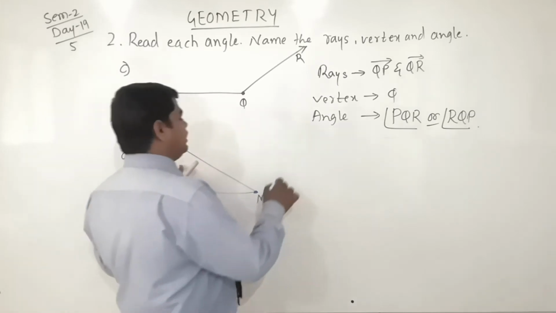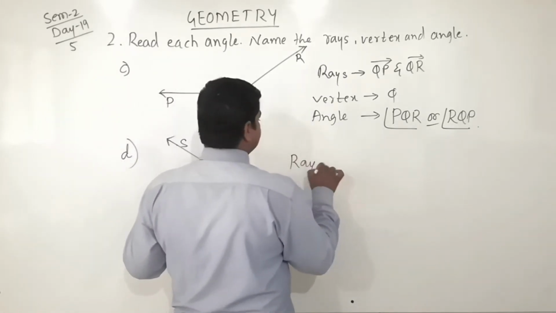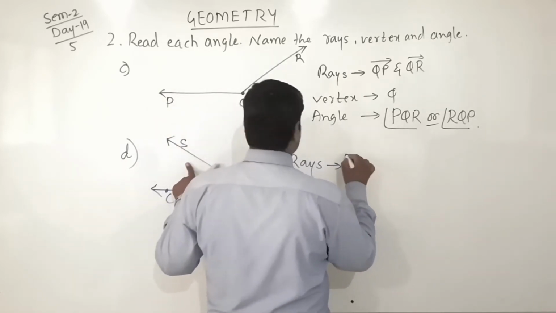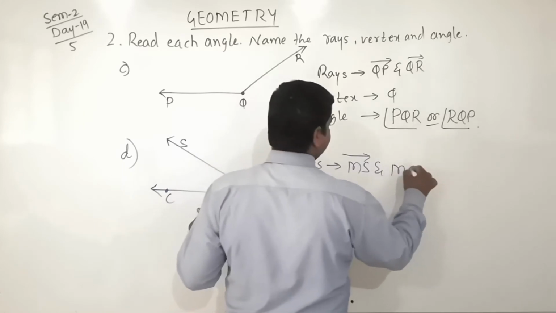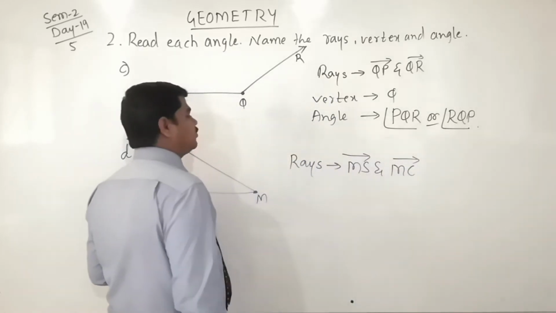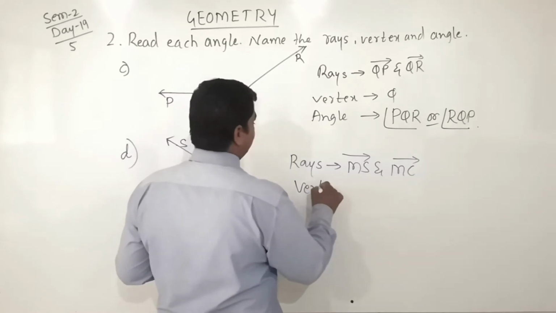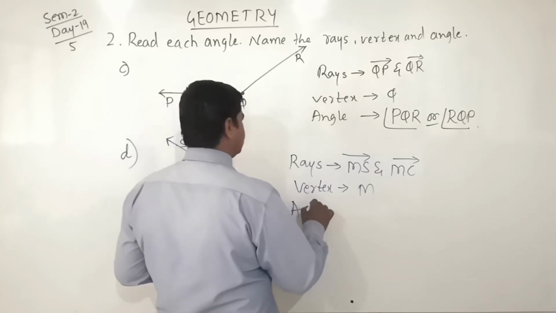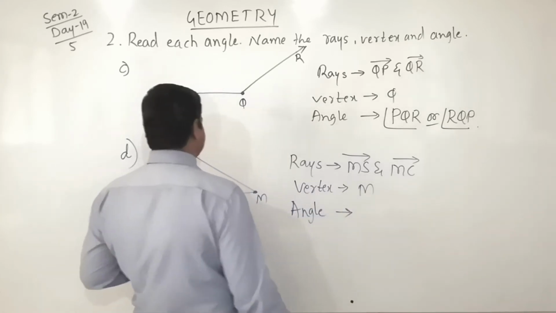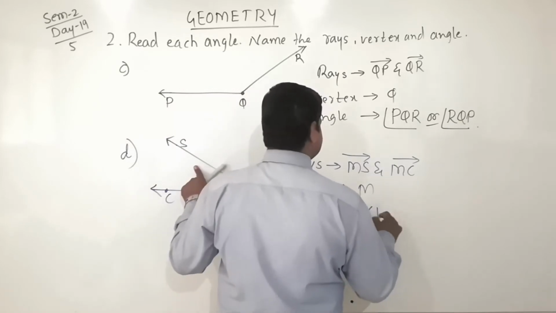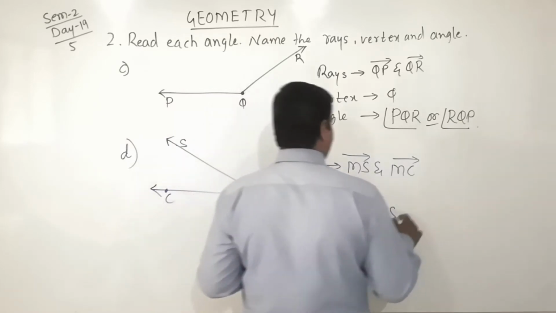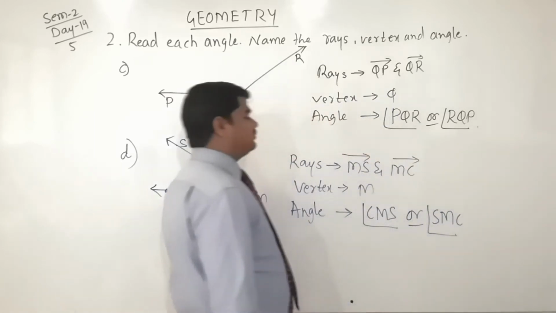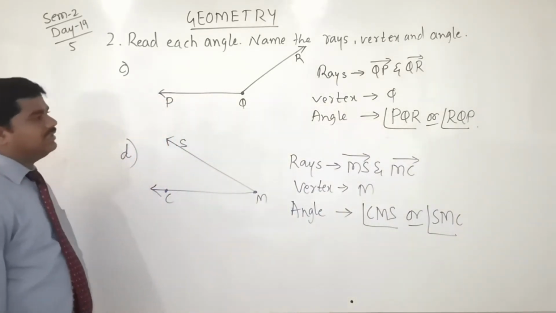Yes, the rays are MS and MC, the two rays. Vertex is M. Next angle CMS or you can write SMC. SMC is the angle or we can write CMS.